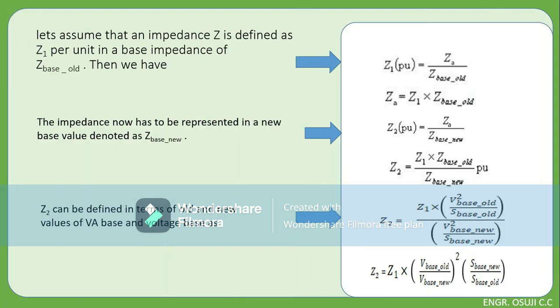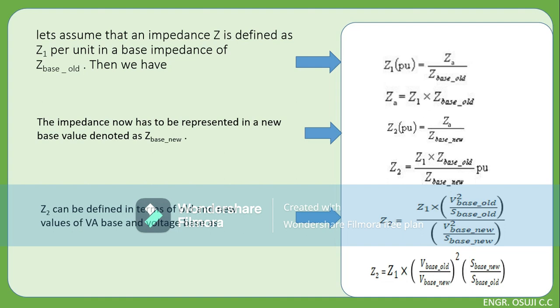So now we want to consider another scenario, because what we considered is how to determine per unit values through a very straightforward means, for situations where you are given the actual values and the base value, we can find the per unit. Now I want to look at a situation where you don't have the actual value of a particular component of the power system, but you have the per unit value.